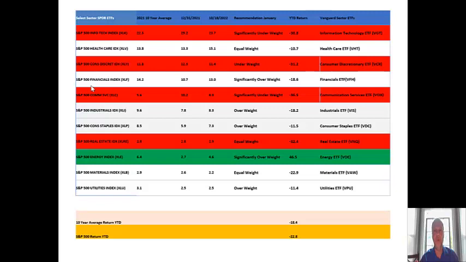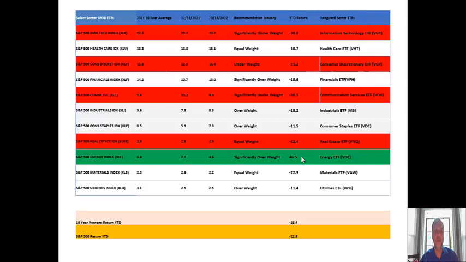So if we took this approach, we would have significantly underweighted the sectors that did the worst, information technology and communication services, one of which lost around 31%, the other close to 37%. We would have underweighted consumer discretionary at least somewhat, which lost 31%, and we would have significantly overweighted energy, which was the only profitable sector this year, making 46%.